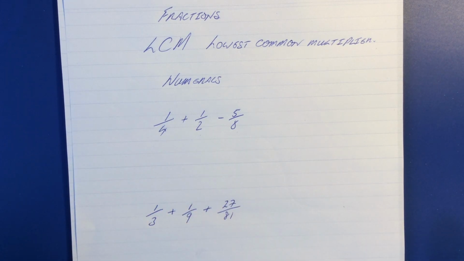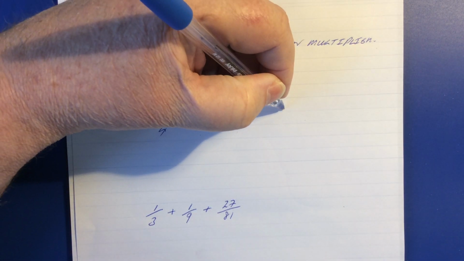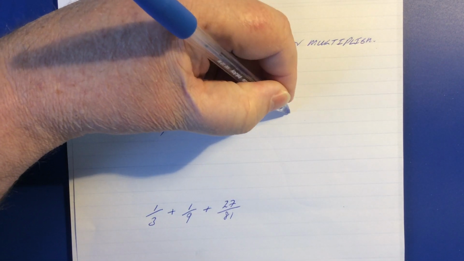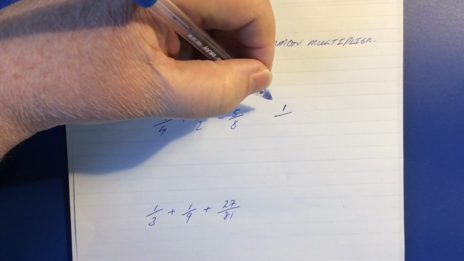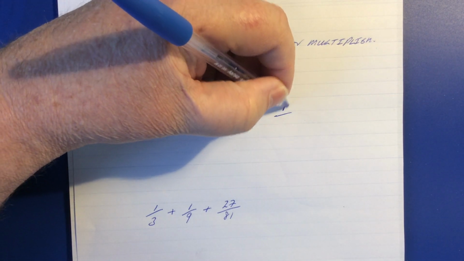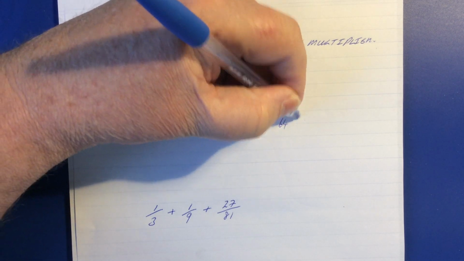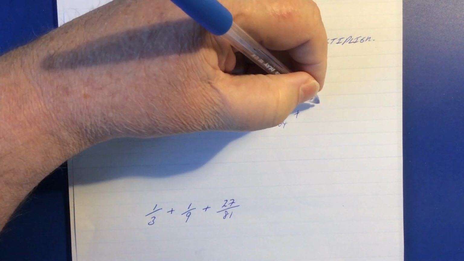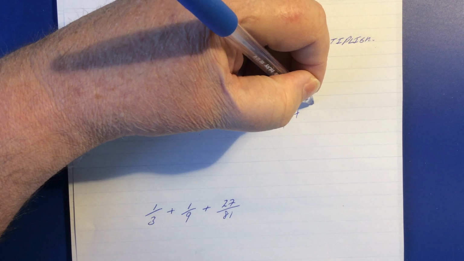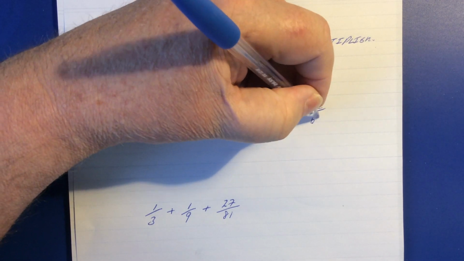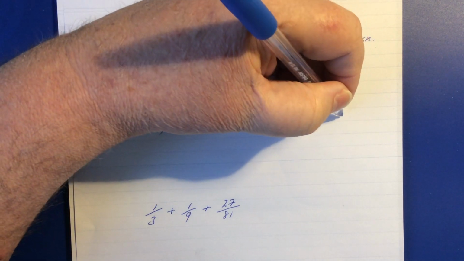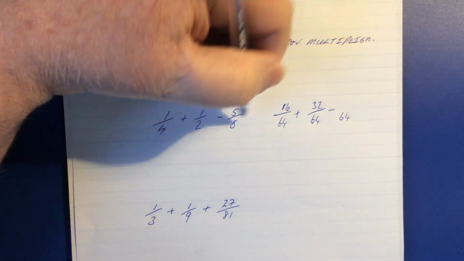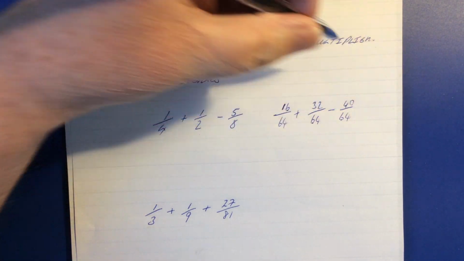64. That won't hurt at all, because if you do that, which I will do now actually, 4 16s are 64, so that's 16 over 64 plus 32 64ths minus 8 8s are 64, so that's 8 5s are 40 over 64.